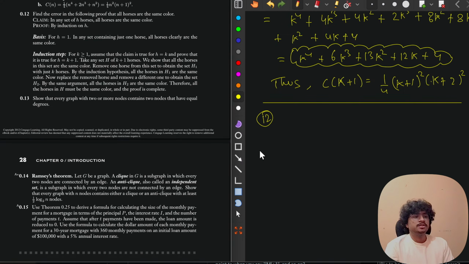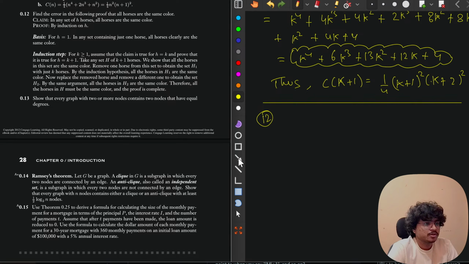Base case h equals 1: in any set containing just one horse, all horses clearly are the same color. Induction step for k greater than 1: assume the claim holds for h equals k and prove that it is true for h equals k plus 1. Take any set H of k plus 1 horses; we show that all the horses in this set are the same color.